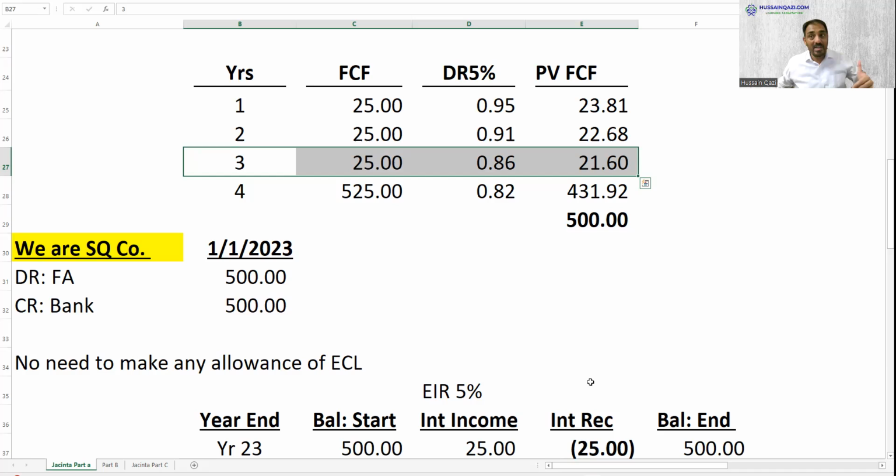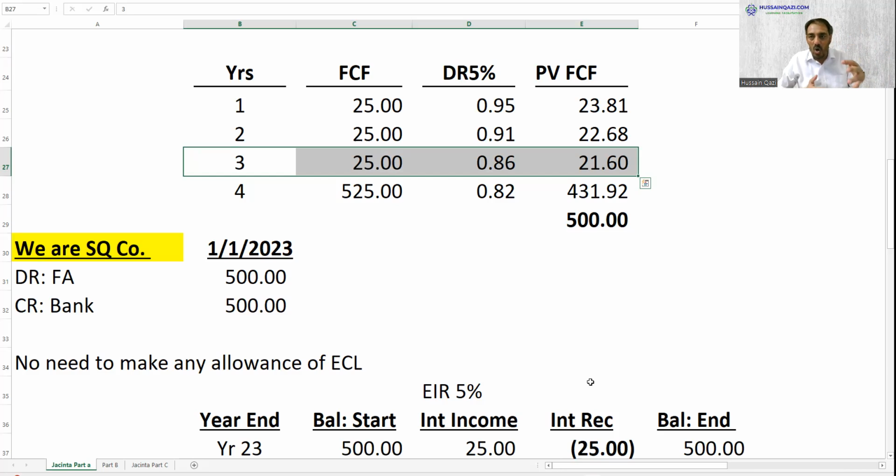So a company has invested in a credit impaired financial asset, and after 1 or 2 years, the impairment becomes reversed. So no worries about that. Once the impairment is reversed, we will record the loss allowance, the expected credit loss, as a gain.